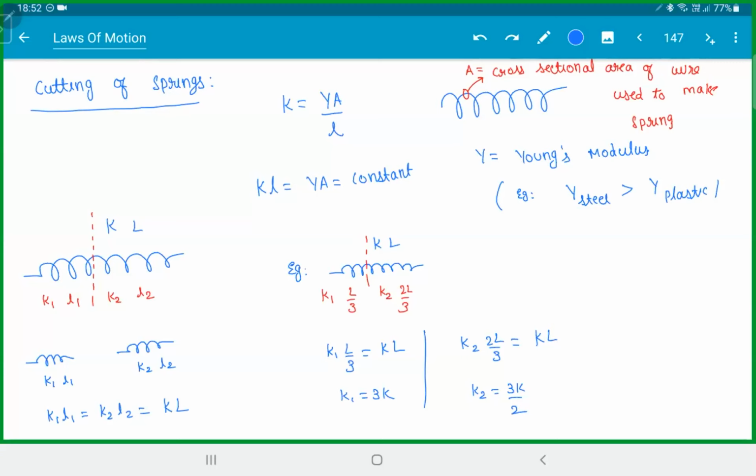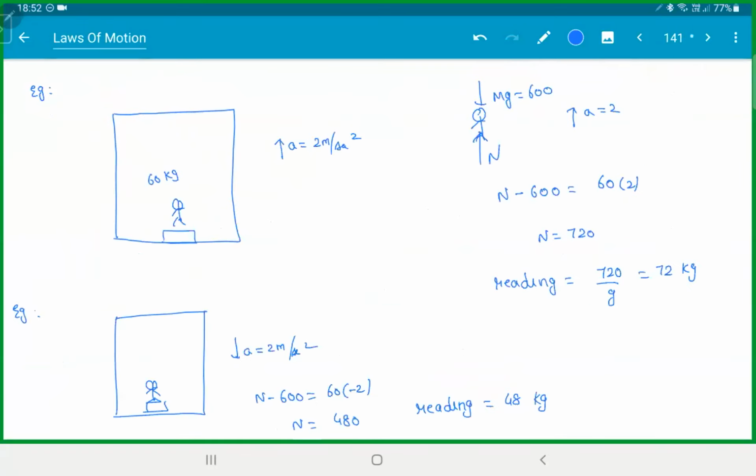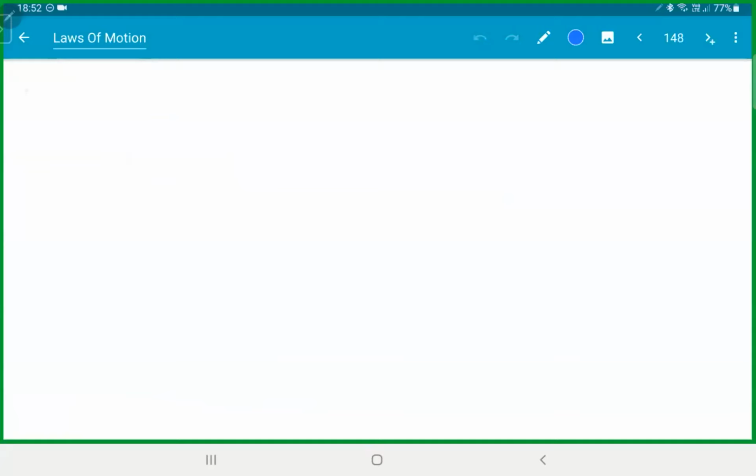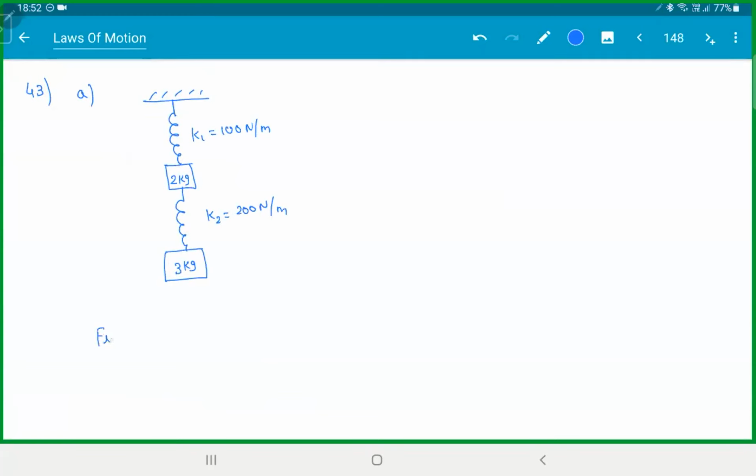Let's say a problem. We have a spring, 2 kg, 3 kg. K1 is 100 Newton per meter. K2 is 200 Newton per meter. Find the elongation of each spring.